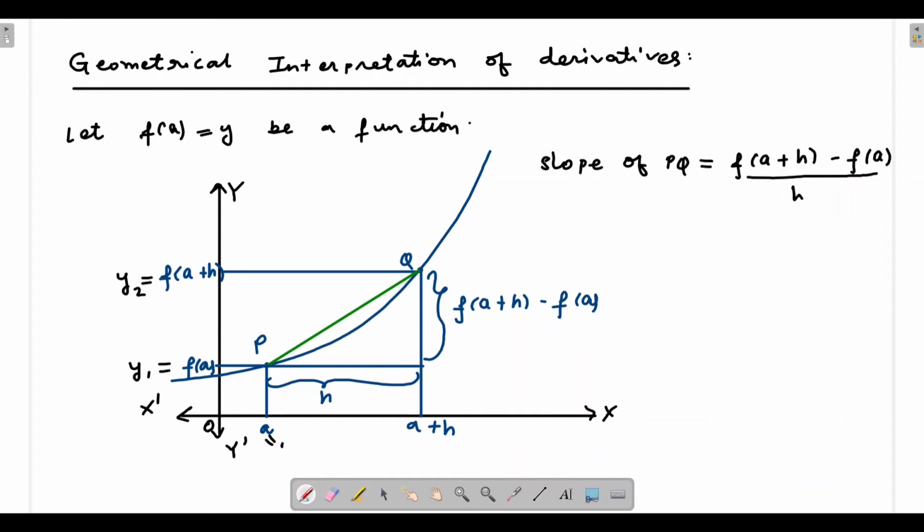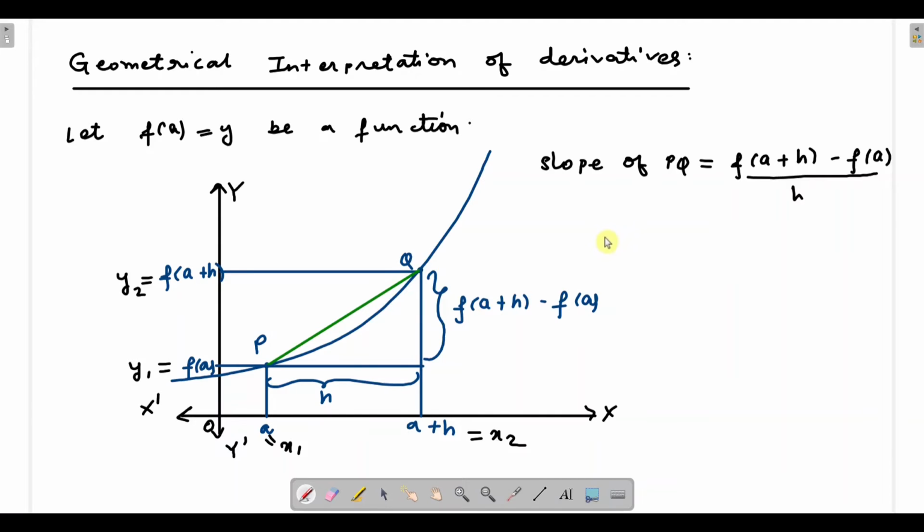This is x1, this is x2. So slope is always y2 minus y1 divided by x2 minus x1, right? So now you know how you get this. So that is the slope, f of a plus h minus f of a divided by h.